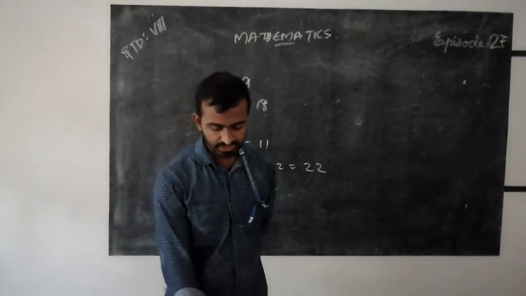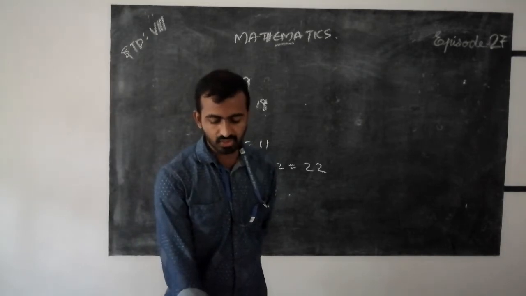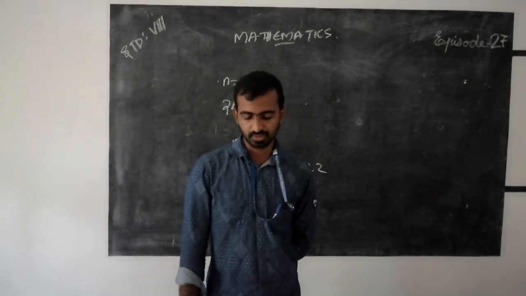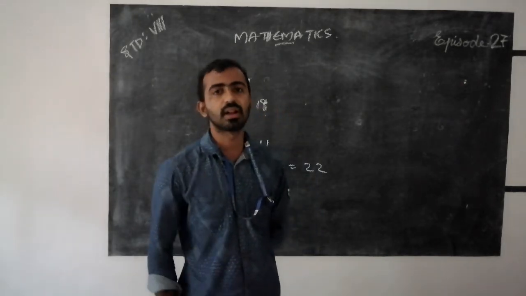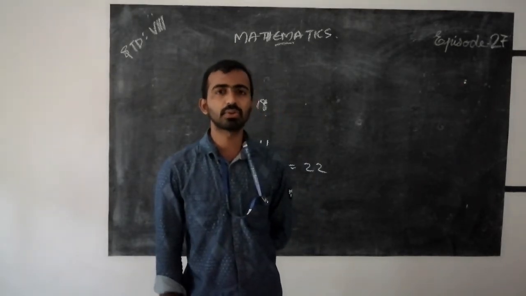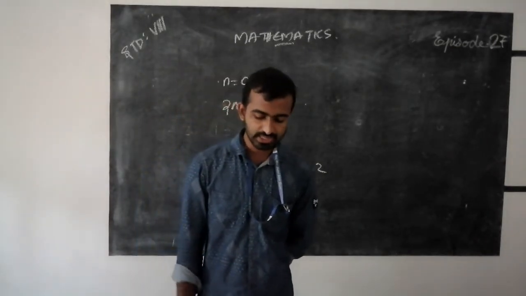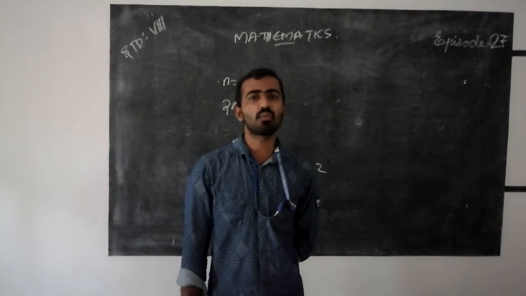That is, we get 100 square and 101 square. We want to check how many non-square numbers lie between 100 square and 101 square.